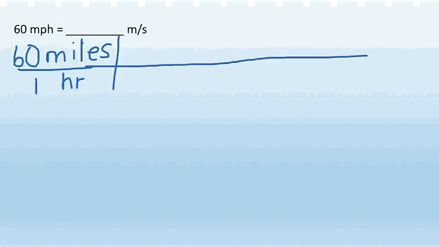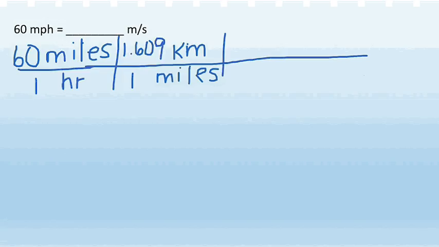All right, let's convert our miles to meters in a similar way that we did before. We don't know a conversion factor directly between miles and meters, so I'm going to do just like I did before. I'm going to do miles, kilometers. All right, 1 mile is 1.609 kilometers.